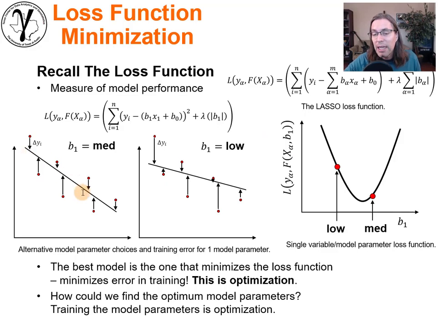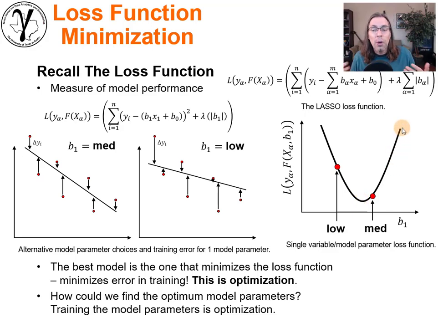And if we use the medium slope, it's more of a happy medium, and we have a lower loss function, and we have two samples. And we could imagine that underlying this, there is going to be some type of function over possible values of B1 with loss function values that are going to be decreasing. We'll have an optimum or lowest amount of loss, and it would ramp back up.